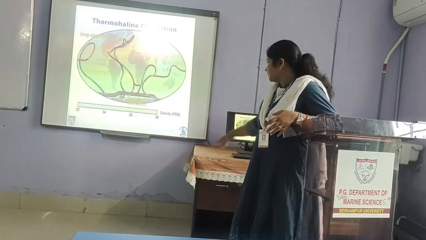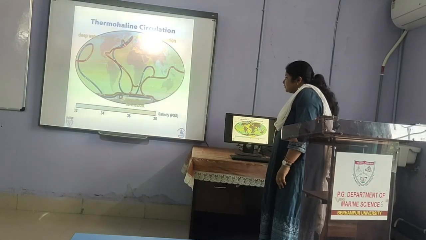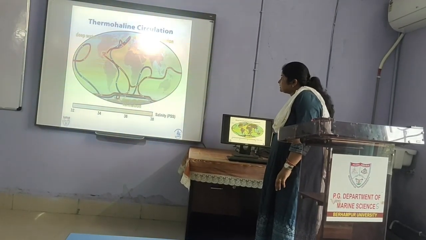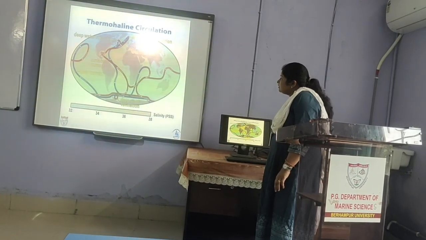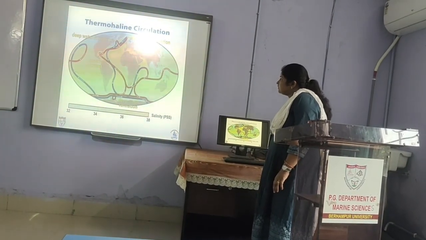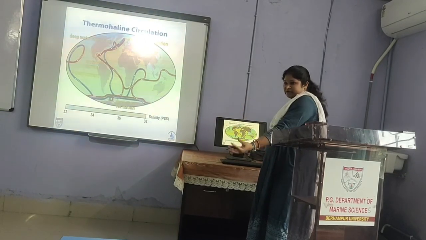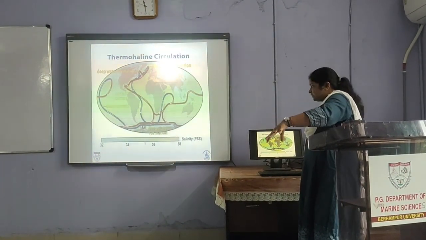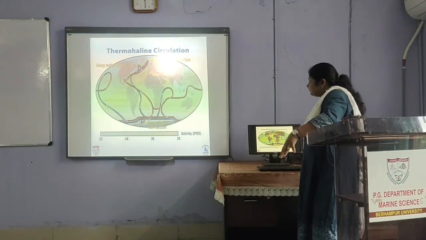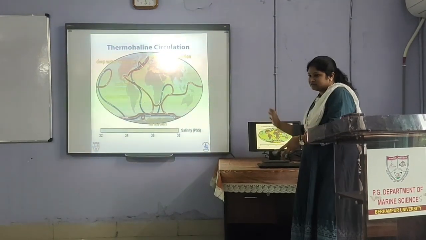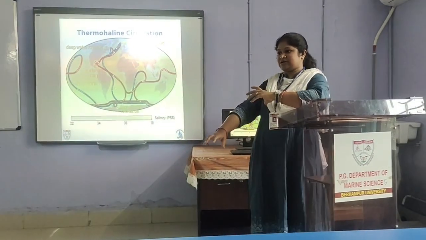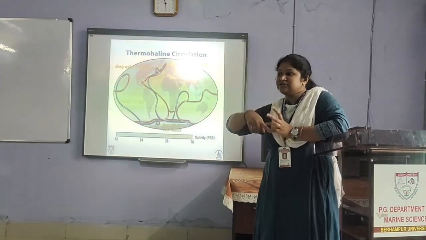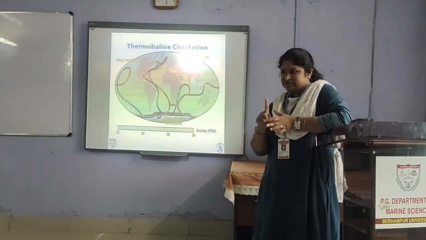Here high depth water will form and go like this. Then an upwelling region will be there, and that water comes up, then again moves in the surface direction in the surface water. Then again deep water will form and go down. Similarly, the thermohaline circulation will complete.